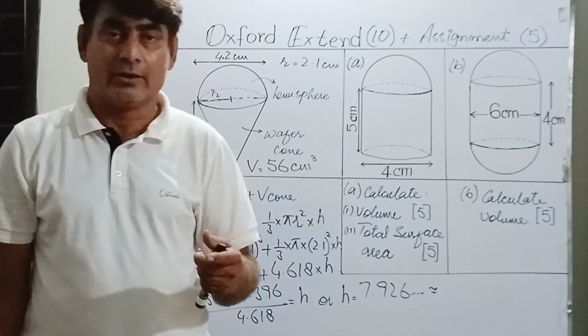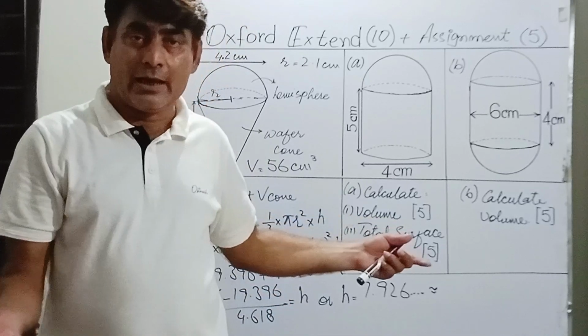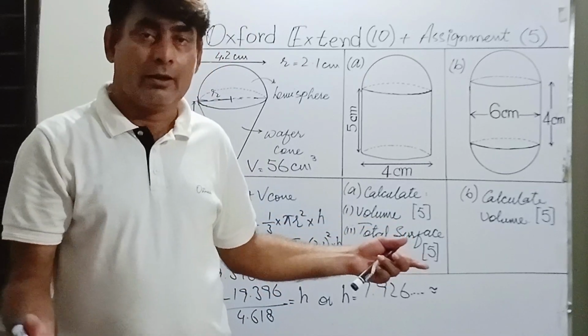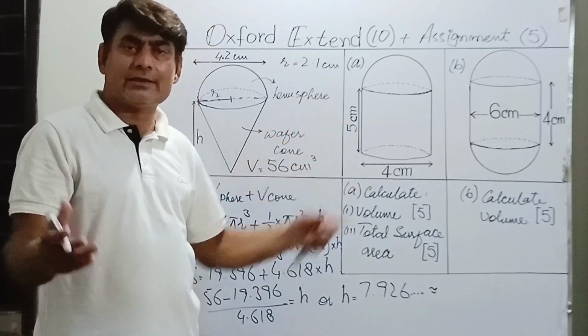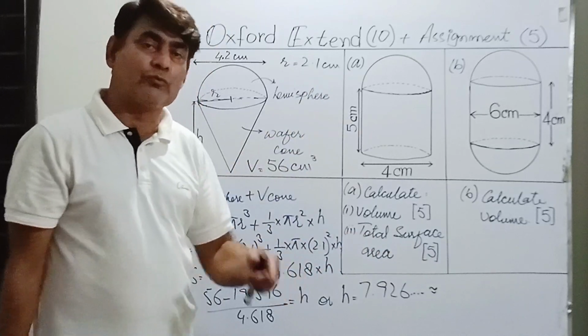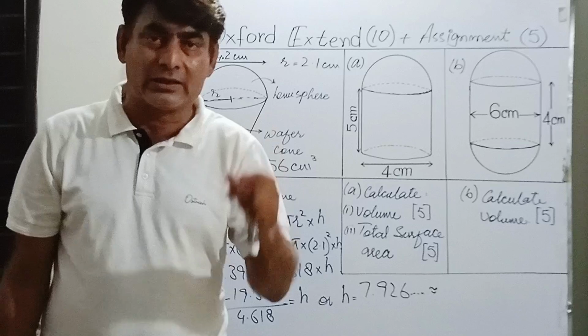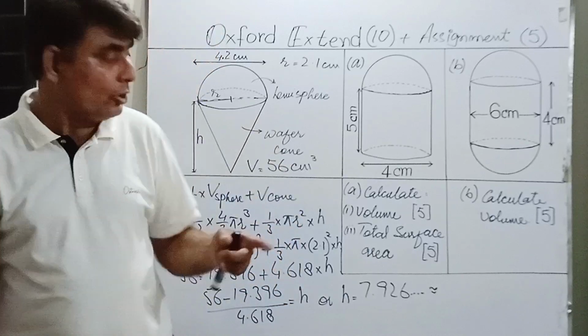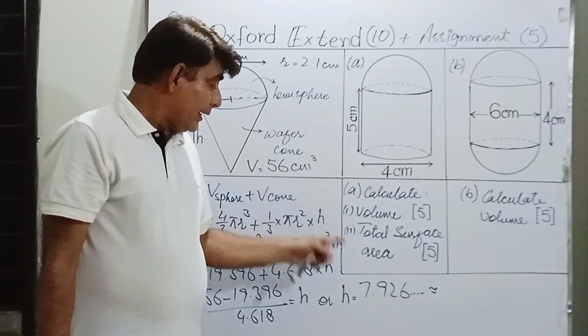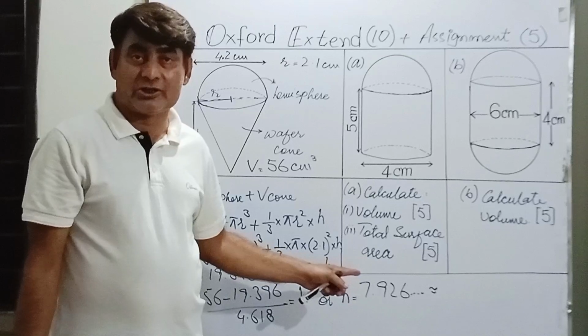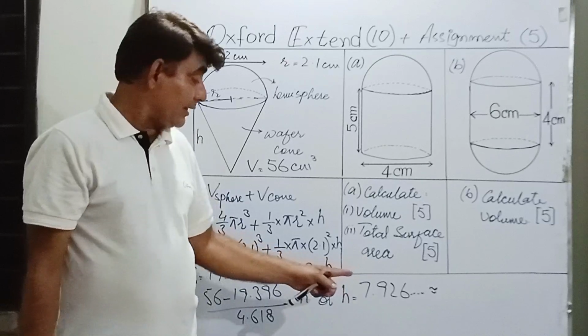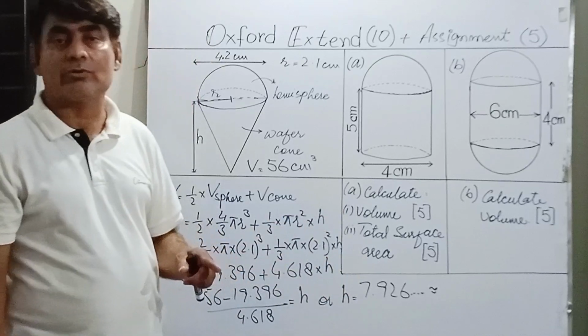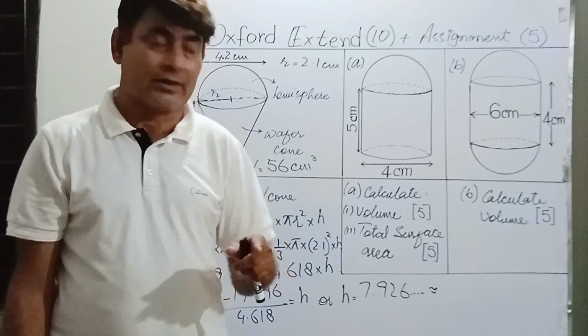It is the requirement of IGCSE and O level both. If no direction is given about the answer, then you have to write the answer in two significant figures or three significant figures. So it must be mentioned on the title page. If it is not directed, you must write physical quantities in three significant figures.